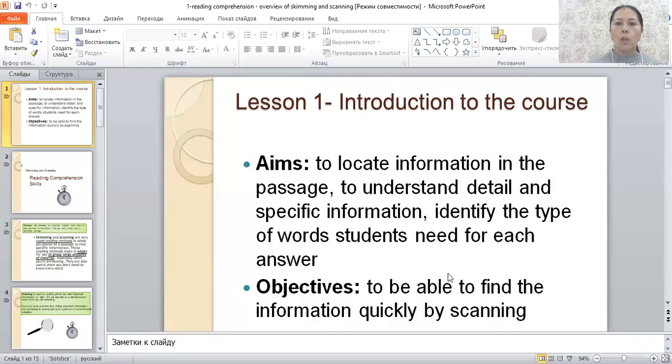Now I will demonstrate our PPT for this lesson. First of all, I'm going to tell you the aims and objectives of this lesson. The aims of this lesson are to locate information in the passage and to understand detailed and specific information.